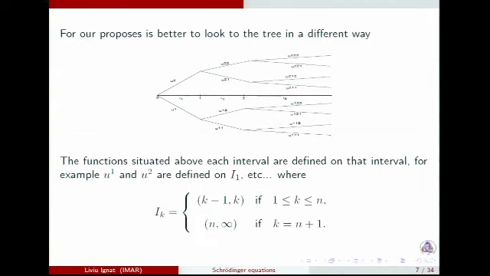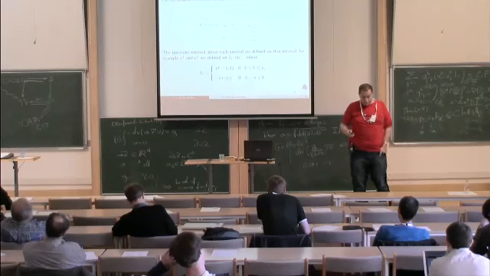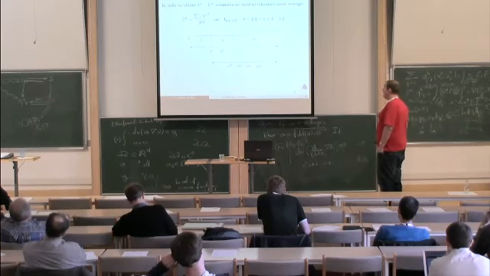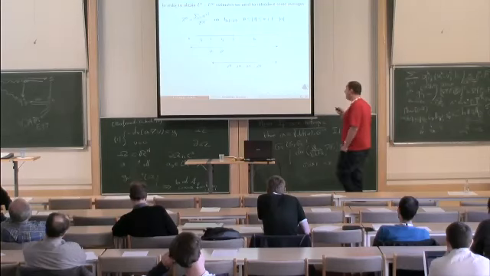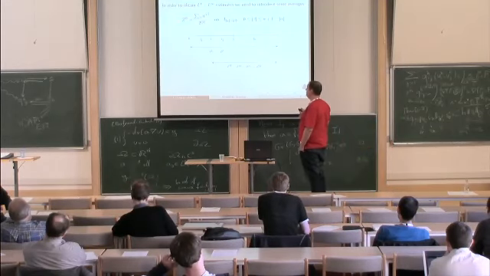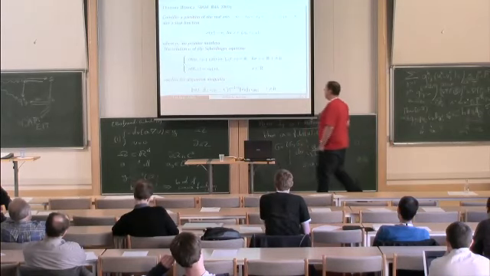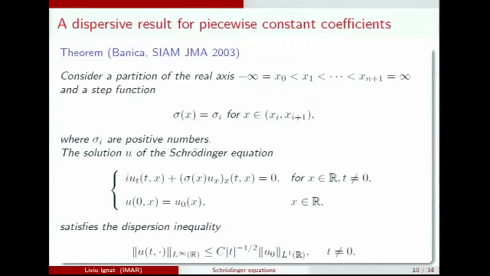Okay, so in principle, this is the idea of introducing the new function z. And once we define in the good way the function z in terms of u, we have to apply a result of Valeria Bănică from 2003, where she considered a Schrödinger equation, but here we have a step function with a finite number of jumps.